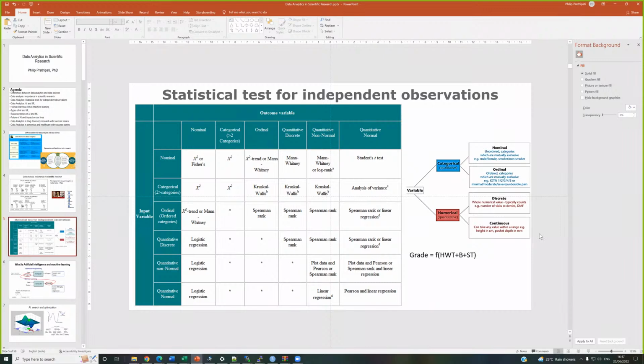So if you have used Excel, you know some of these tests, right? If somebody knows, please answer. Or has anybody used t-test in Excel? Go ahead and type, please, if you have used.